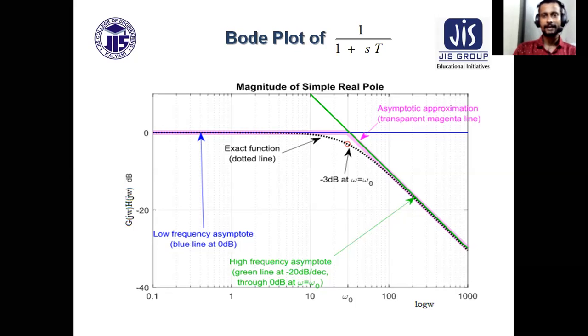We also discussed how the phase angle varies with change in frequency for simple pole term and simple 0 term. So now we have discussed all the 4 individual terms which are associated with the general expression of a transfer function: the term k, the term 1 by s to the power n, the term 1 by 1 plus st, that is simple pole, and the term 1 plus st, that is simple 0.